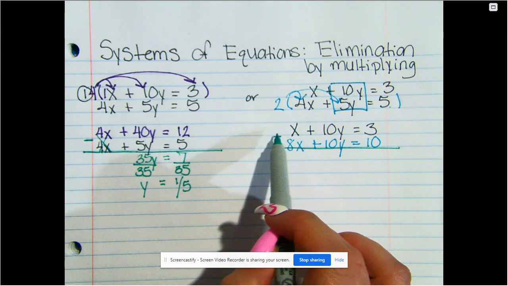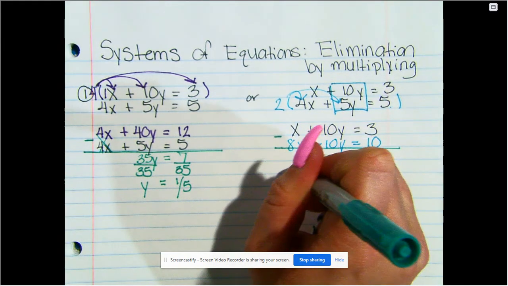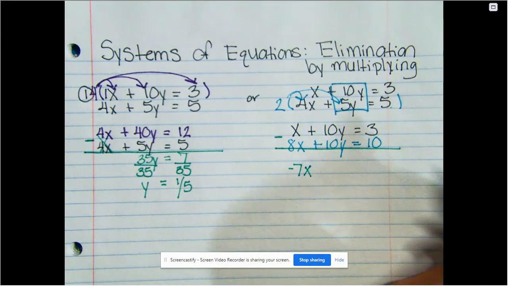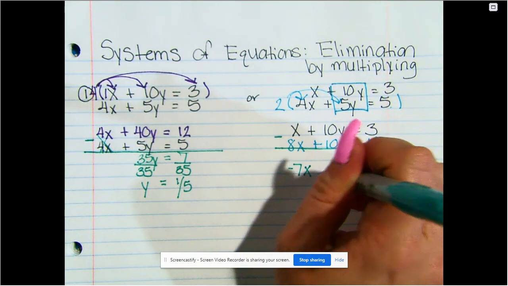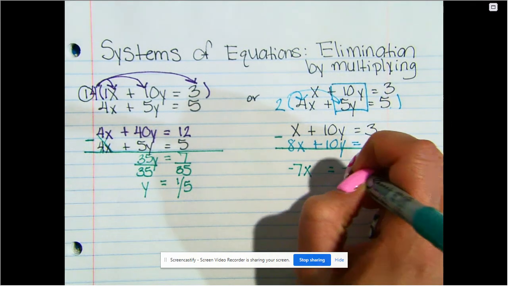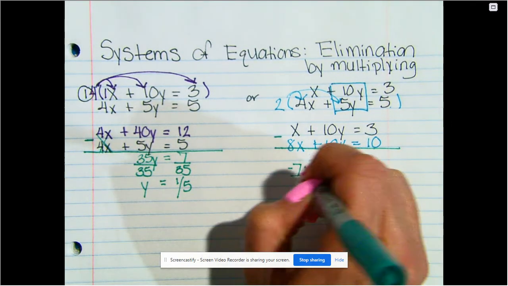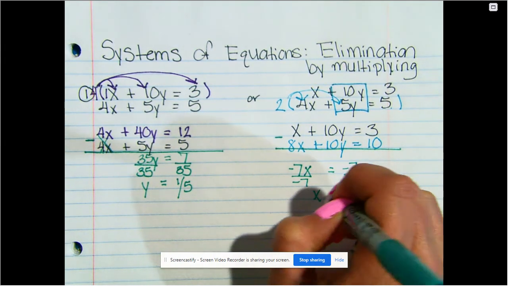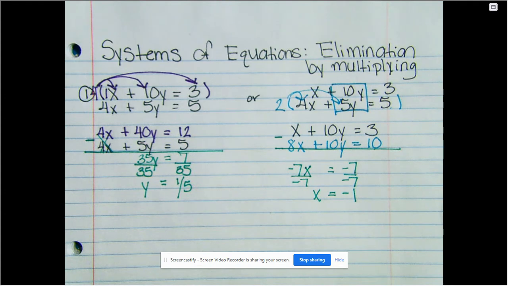So 1 minus 8 is -7x, 10 minus 10 cancels, and then I have 3 minus 10, which is -7. Divide, and x is equal to 1. There I do have my x and my y solution.